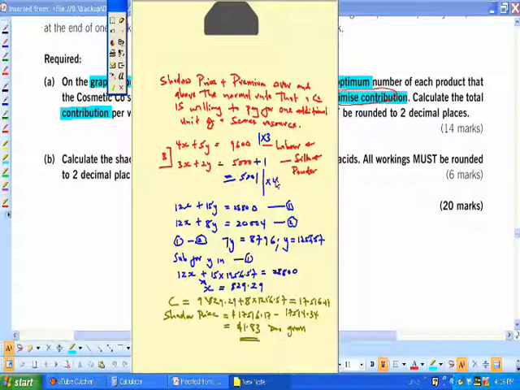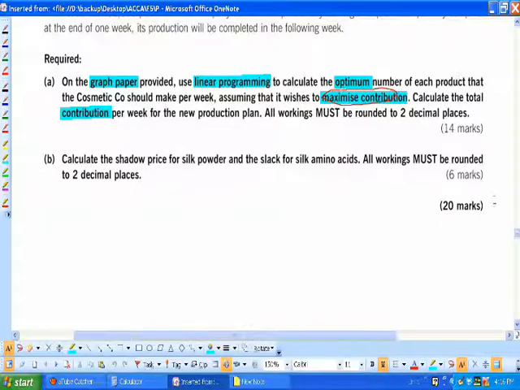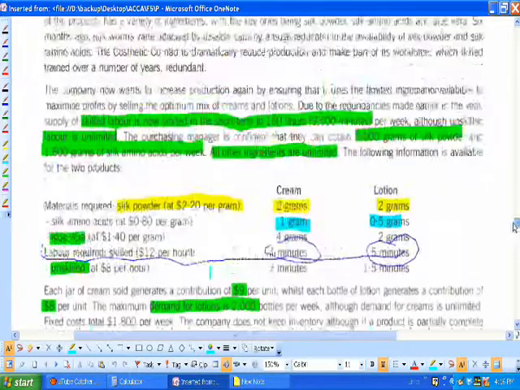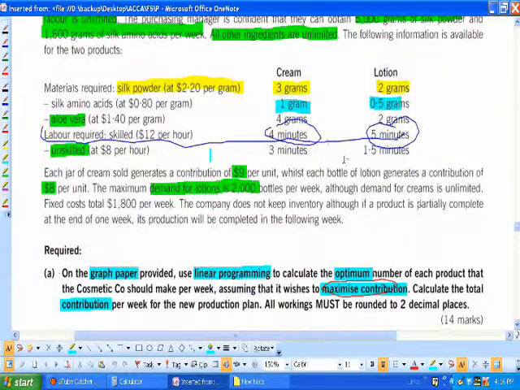What that means is that if the company wanted to buy an additional unit of silk powder, they will need to pay an additional 1.83 on top of the unit cost of silk, which is 2.2.